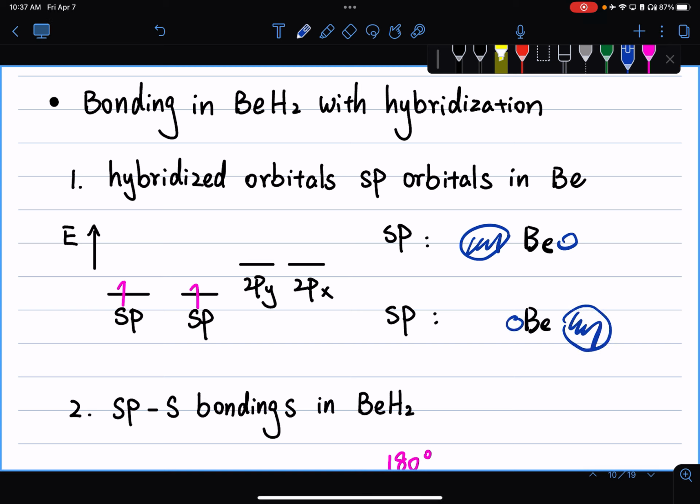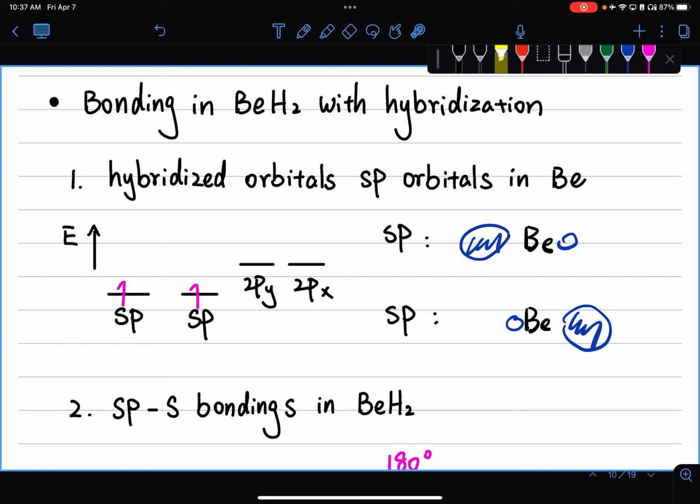So the origin of this sketching comes from the previous page, where we just overlay the 2s and 2p of the beryllium atomic orbitals. And again, what this sp means is that the hybridized atomic orbital comes from one s atomic orbital and one p atomic orbital. Now we have these sp atomic orbitals, and they are both singly occupied. They're pointing correctly towards the hydrogen atoms.